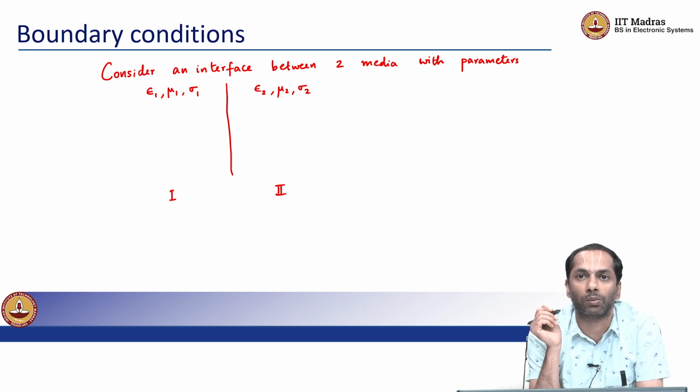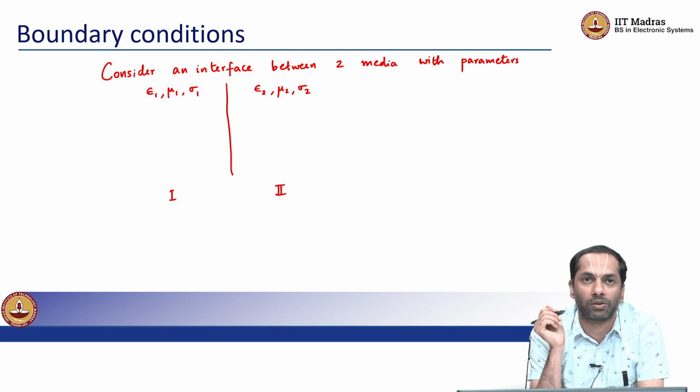Similarly, mu 1, mu 2 could be different, and sigma 1, sigma 2 can be different. So, in principle, since there is a change in the media, we can expect the behavior of electric and magnetic fields to be different on either side, but we will need conditions. In order to solve for such situations, we will need certain boundary conditions to say what the electric and magnetic fields have to obey at the boundary, sort of like a handshaking.